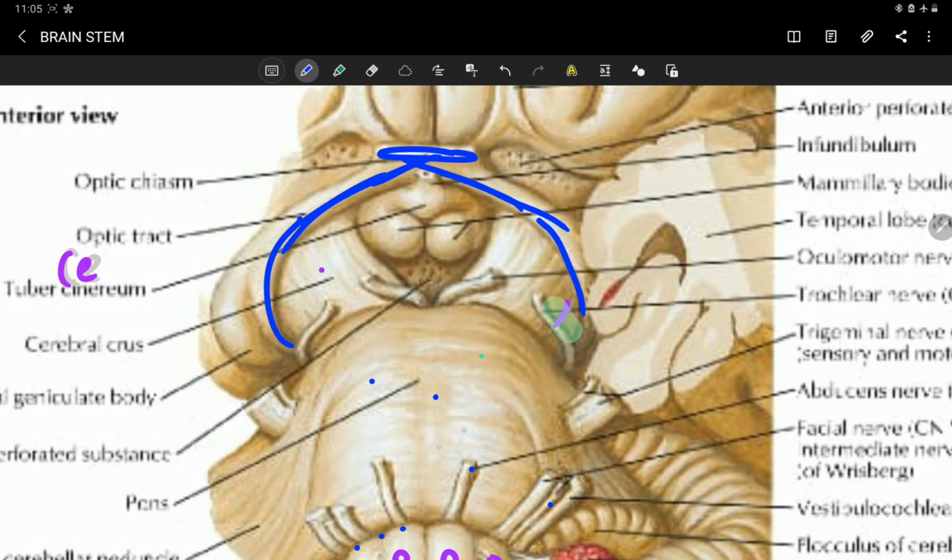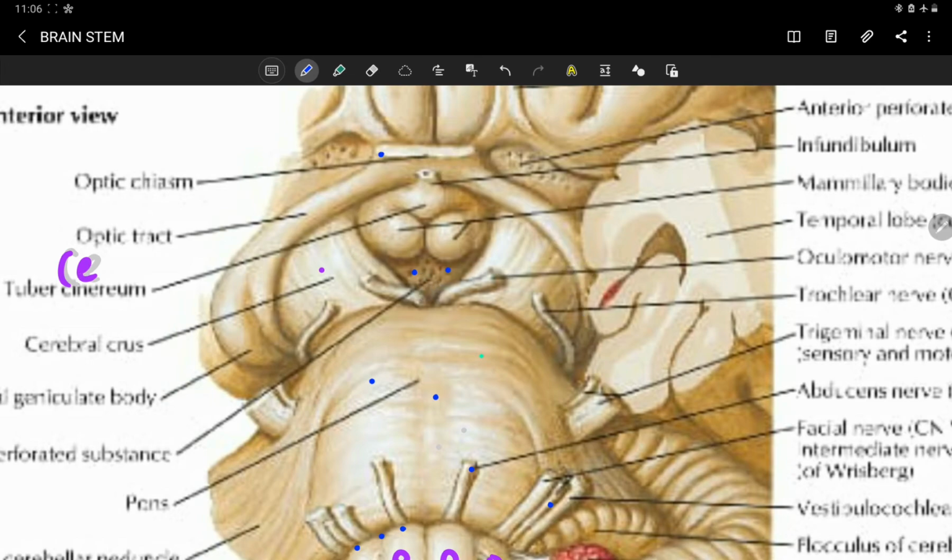You can also see the mammillary body of the hypothalamus. You can see the infundibulum, with which the pituitary gland is attached. Also you can see the tuber cinereum and the posterior perforated substance. These are actually the contents of the interpeduncular fossa.